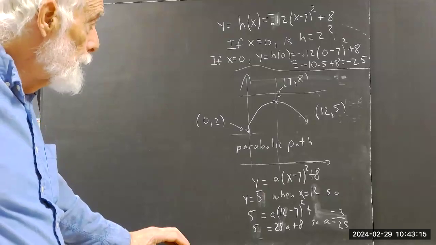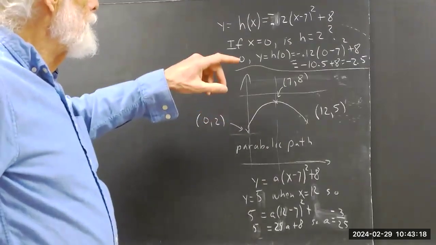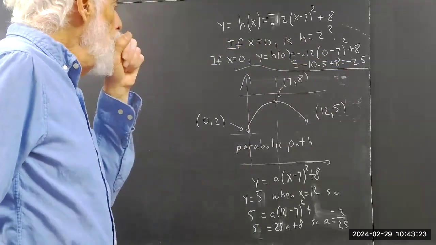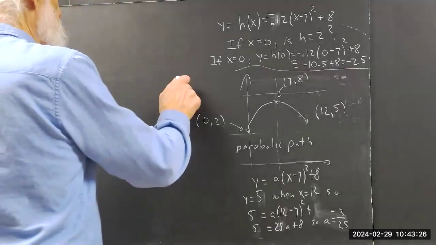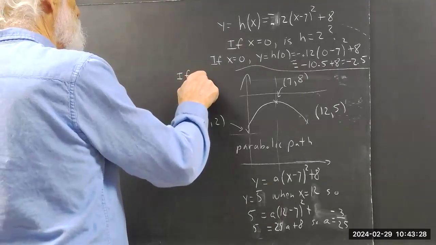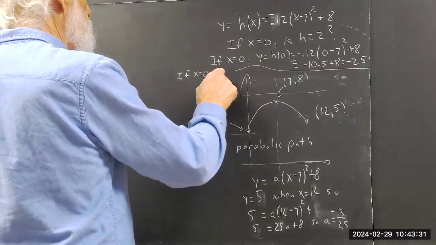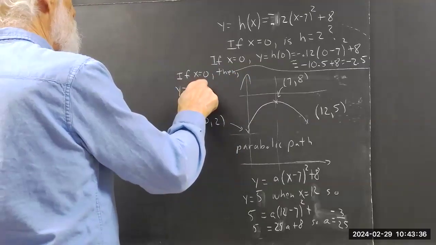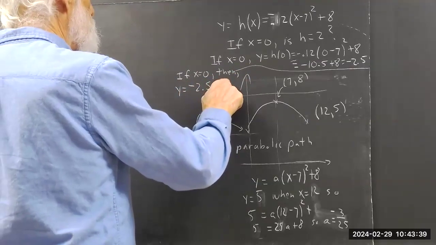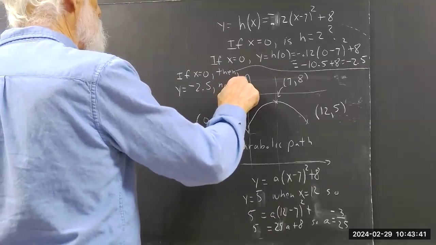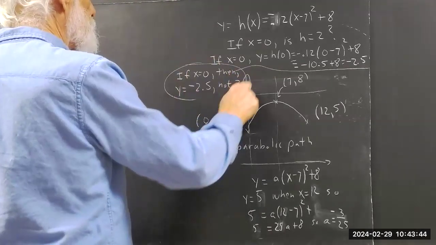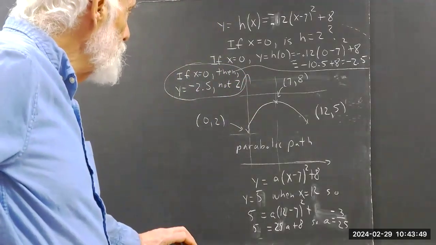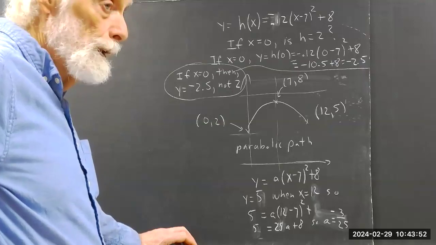Okay, well, if I do that, I find that if x equals 0, h equals negative 2.5. Y equals 2.5, not negative 2.5, not negative 2.